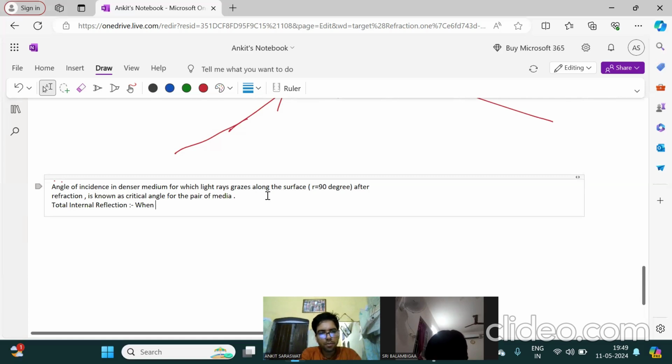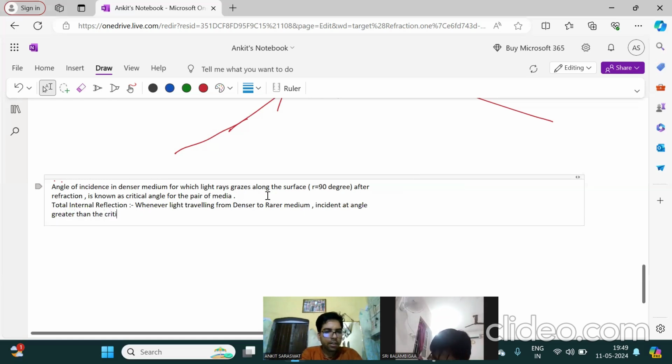Write down whenever light traveling from denser to rarer medium, incident at angle greater than the critical angle of pair of medium or media, it bounces back into the same medium.